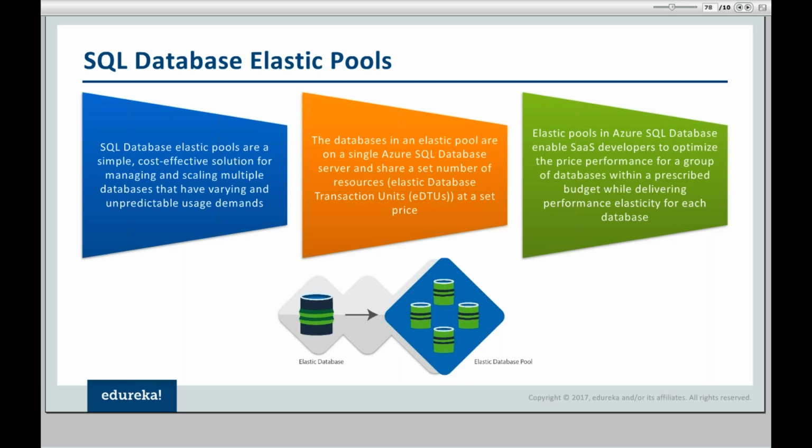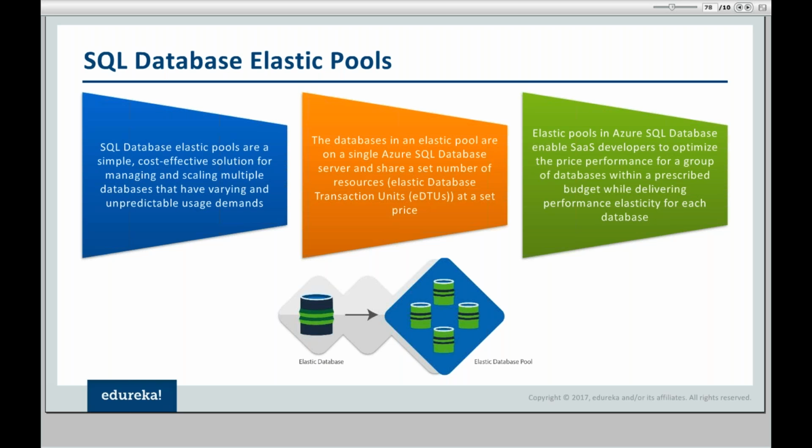The databases in an elastic pool are available on an Azure SQL database server, and they share a set number of resources, called eDTUs, at a set price. When demand goes higher, it does the pooling and shares the resources.